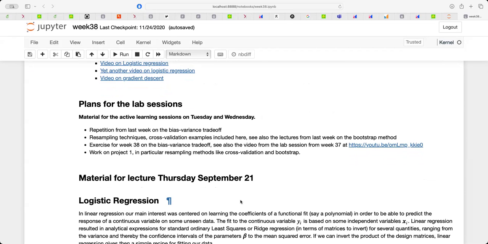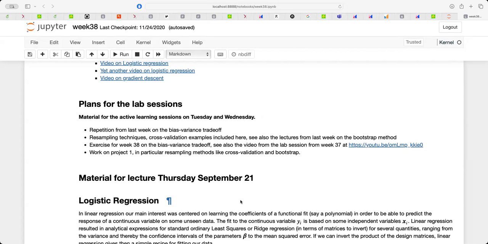And there's a recording from last week on the bias-variance tradeoff, which is an important measure for when we overfit. And then obviously this is work on project 1. I hope it's pretty okay what we are going to do this week. Everything you do now is something you will reuse in project 1, and also in project 2, etc.